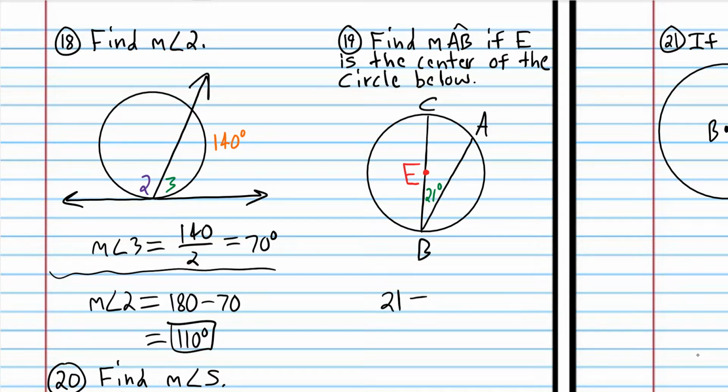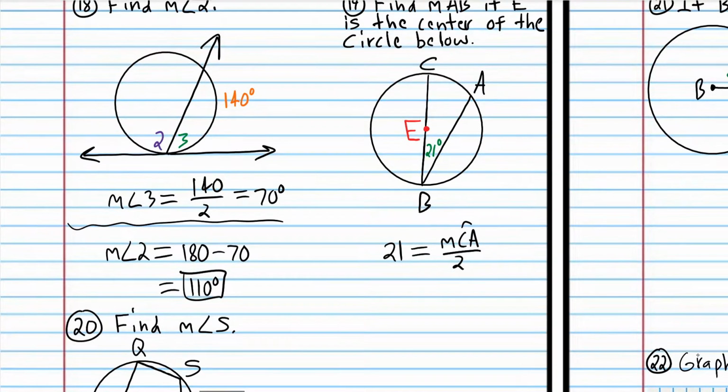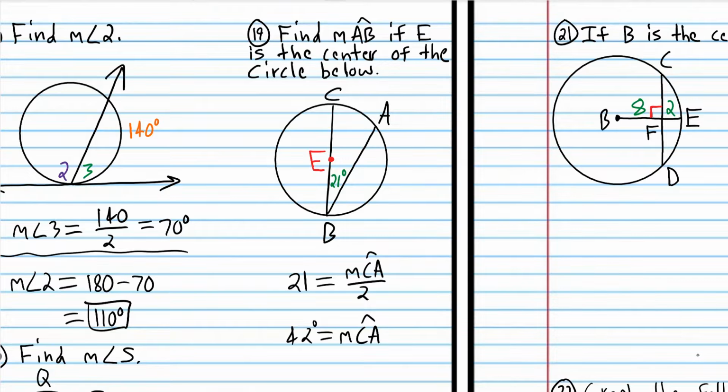That angle in there, according to the inscribed angle theorem, is equal to the measure of arc CA divided by 2. So multiply both sides by 2, and we get 42 degrees is equal to the measure of arc CA. So again, just to be clear what happened here, we knew that this angle is 21, so the measure of the intercepted arc of that angle must be 2 times that, so 42 degrees. Then we're going to subtract this from 180 to find the measure of arc AB.